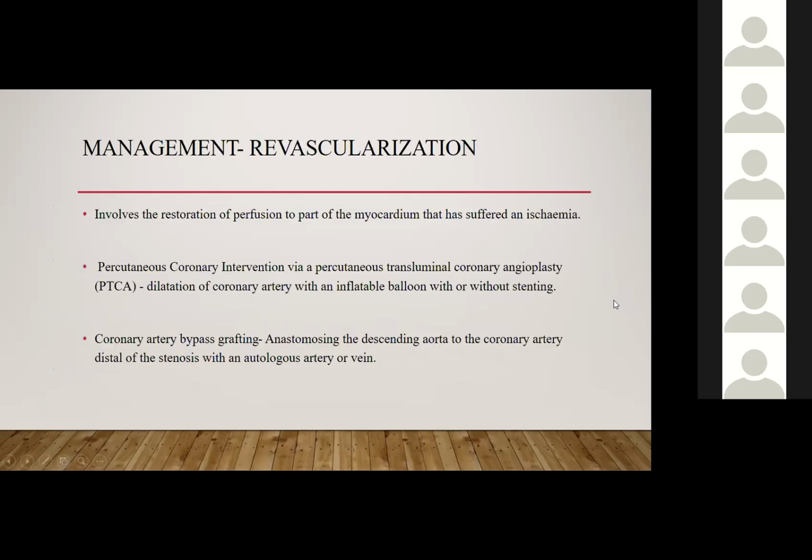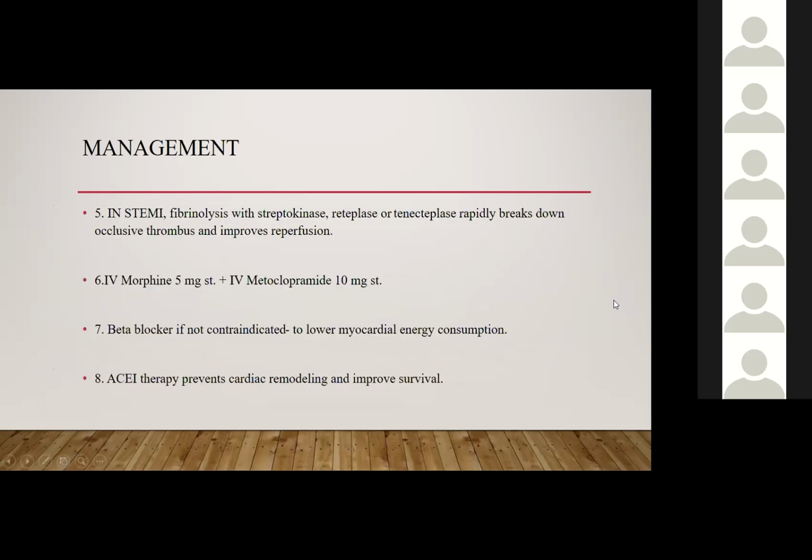The next thing is your focus is on breaking down the clot or whatever is blocking the blood vessel, okay? So you need to institute fibrinolysis by giving a fibrinolytic agent, an agent that goes to lyse the fibrin and basically break down whatever is blocking the pathway of the blood flow.